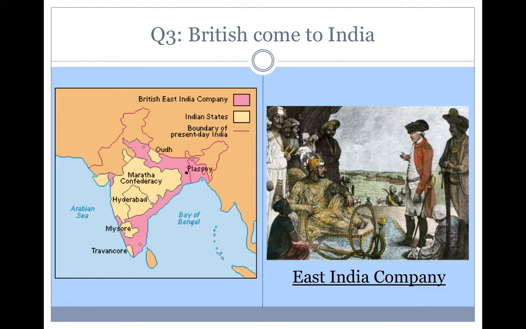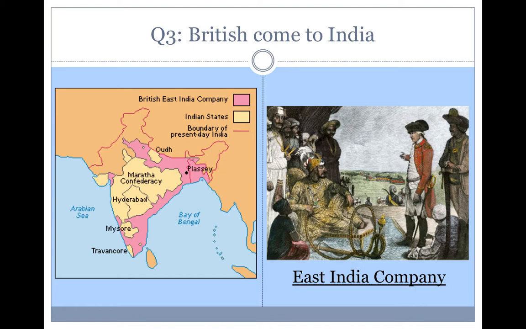So basically along the coast of India and some other territories, the British started coming in and setting up these trading ports where they could trade resources with different places, because the British was starting to grow as a power of that time.